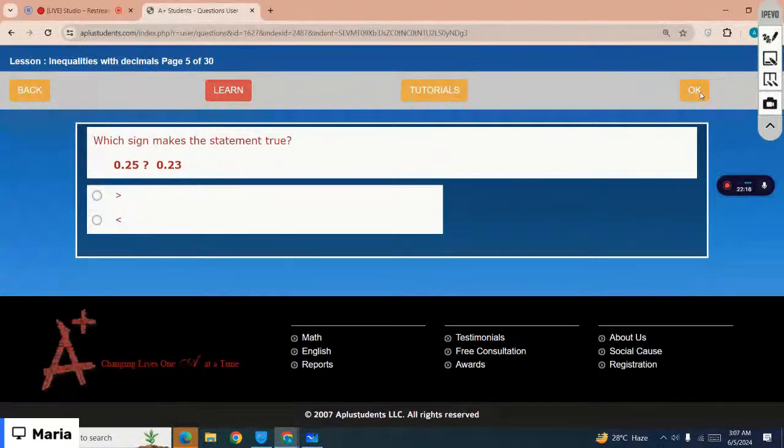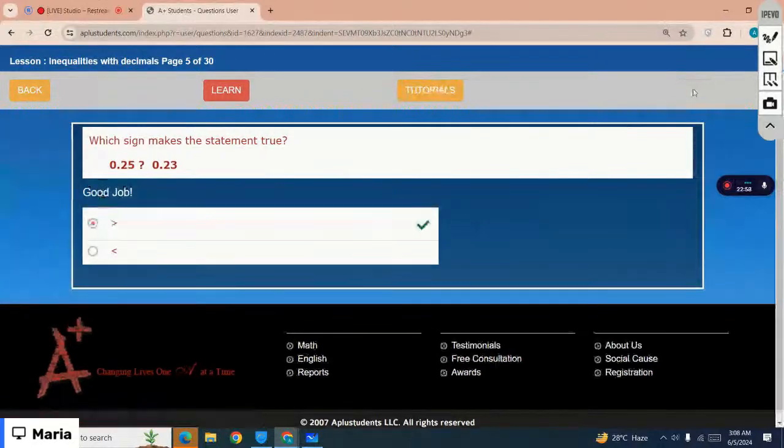Which sign makes the statement true? 0.25 and 0.23, which is the correct option? 0.25 is greater than 0.23.